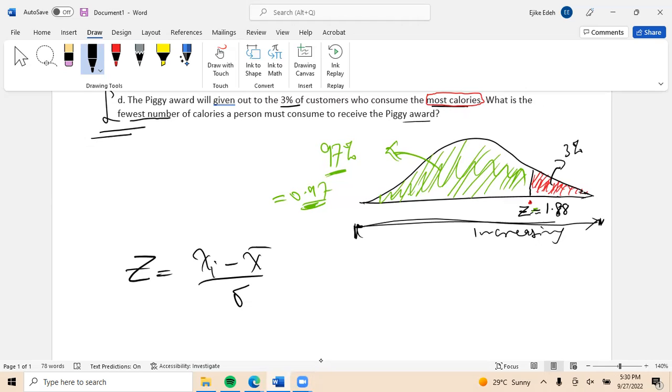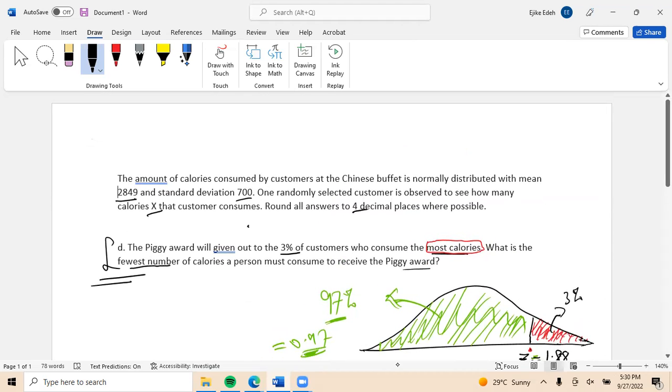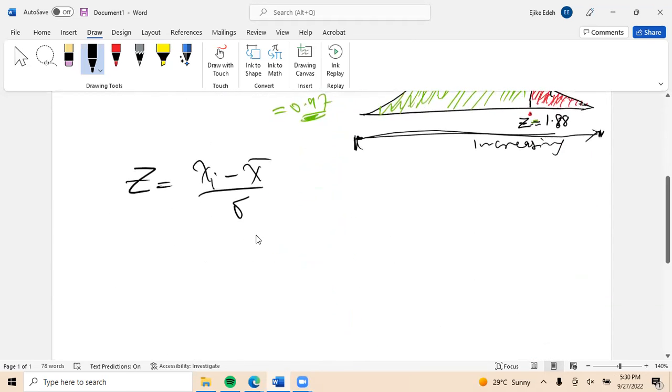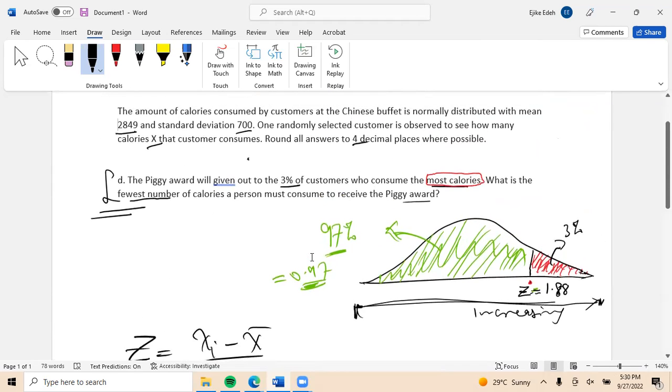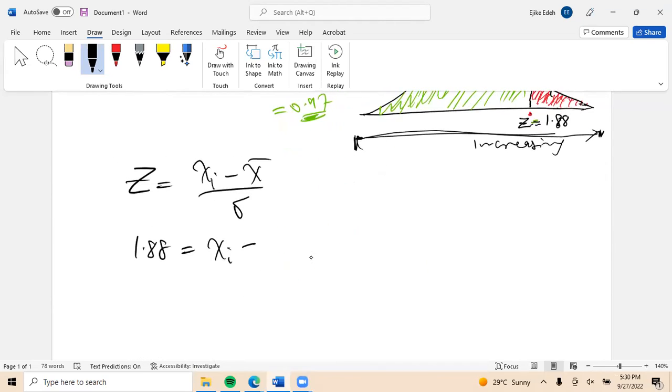If you plug in the values here, your z is 1.88, which equals x, the amount of calories you're interested in, minus the mean, which in this question is 2849, divided by the standard deviation, which is 700.